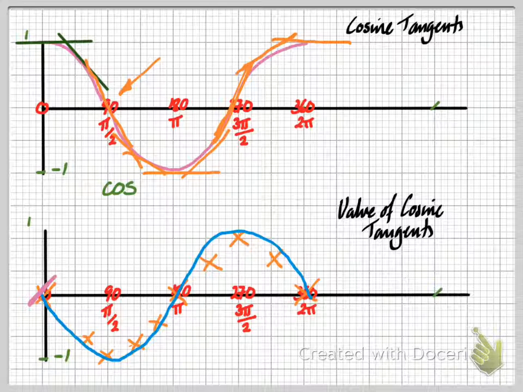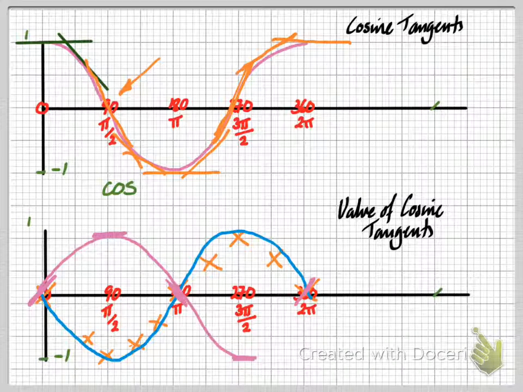It maximises at the value of 1 at 90, comes back down at 270 degrees, or 3 pi over 2 radians, where there is a minimum. At 2 pi, again, it's a value of 0. And if I join it up, that is the sine curve, which I'm going to call sine theta.